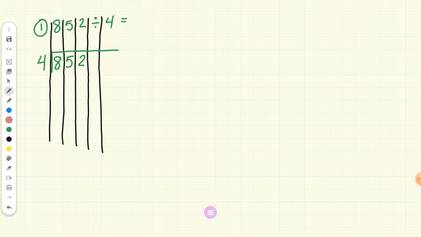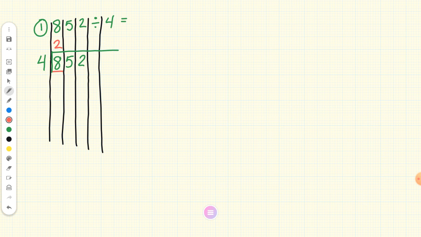Stella, help me get started. What do I do? You underline 8. Okay. When I underline 8, what do I have to think about? 8 divided by 4, or how many times does 4 go into 8? 2. Twice. So I'm going to put that above my 8. Carter, what do I do next? You would times the 4 and 2.